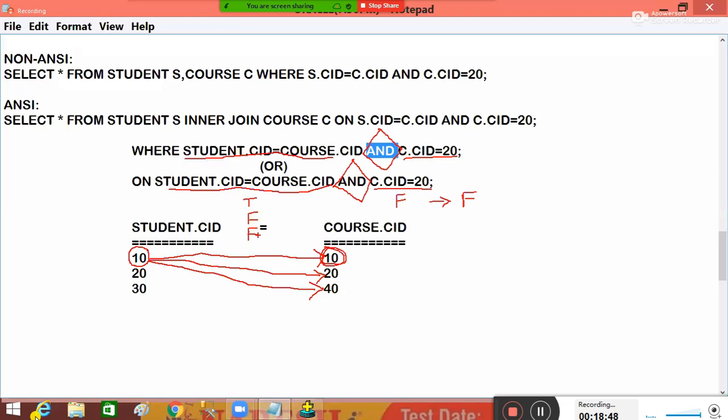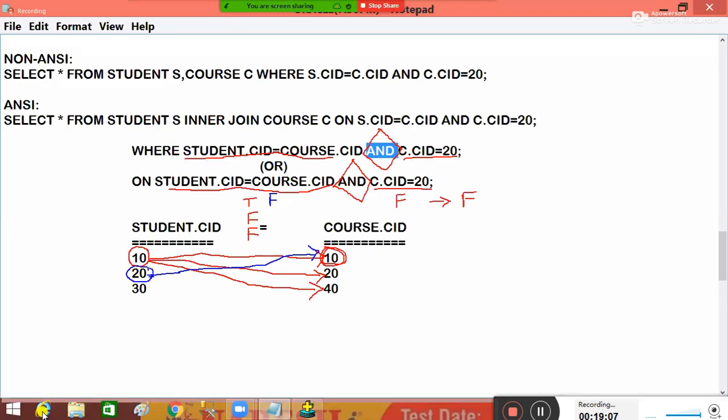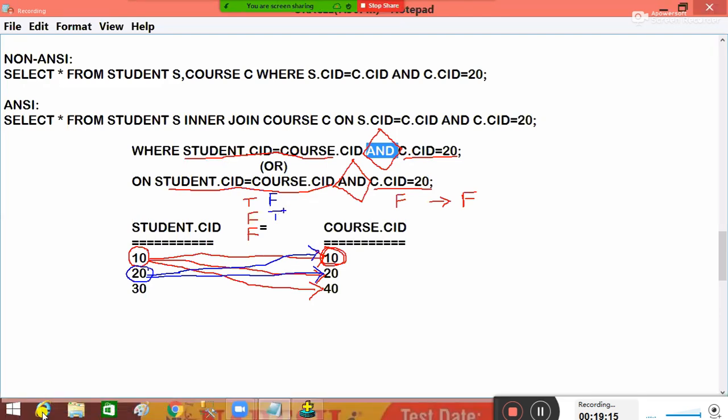Right. Now let's do it in the same pattern. Next, 20. So 20 is equals to 10. The first condition is false, so no need to check my second condition. Next, 20 is equals to 20. Yes, my first condition is true. What is our second condition?